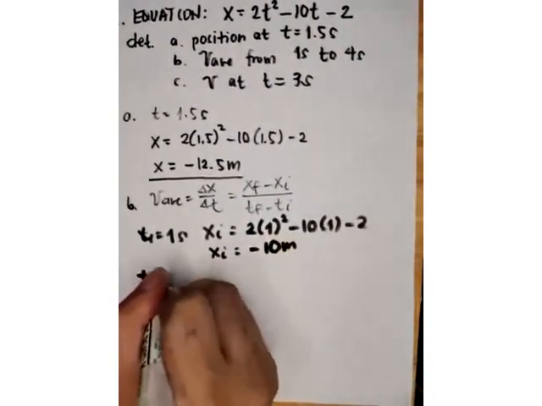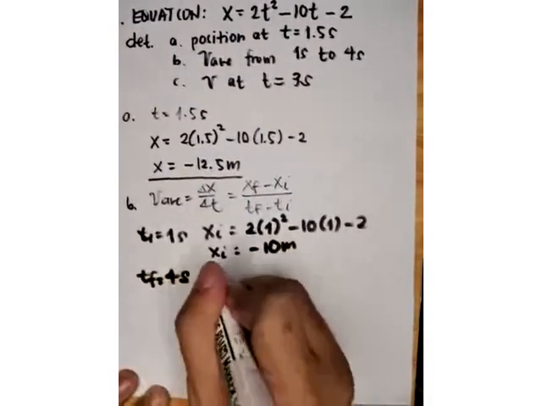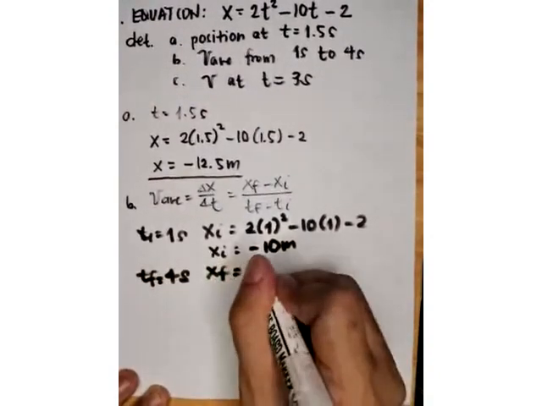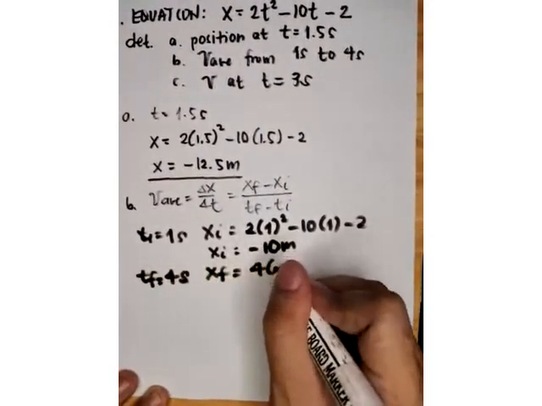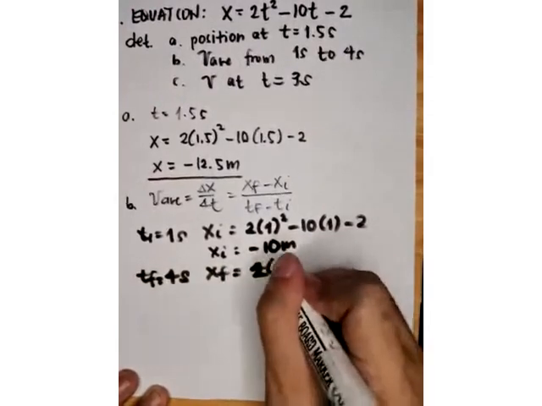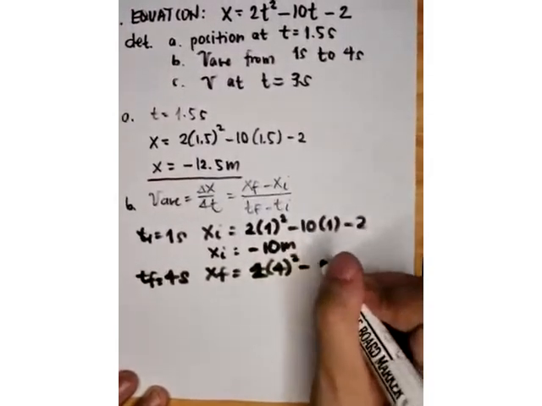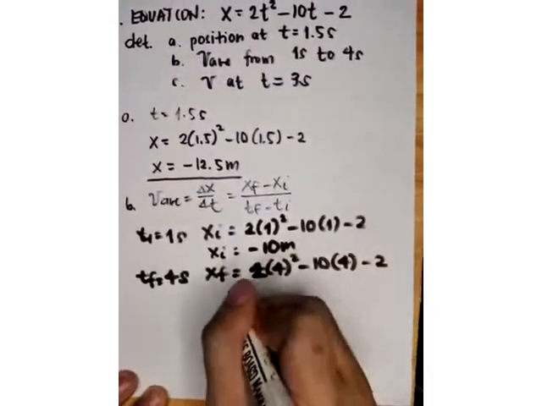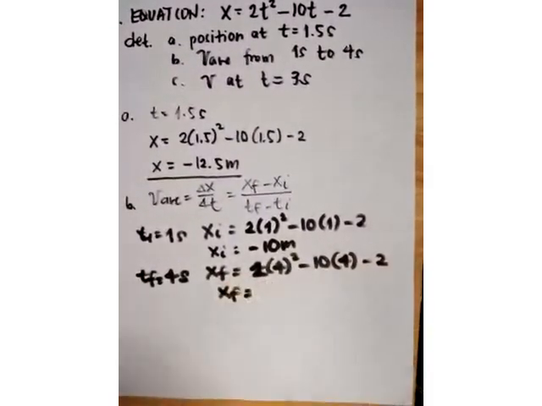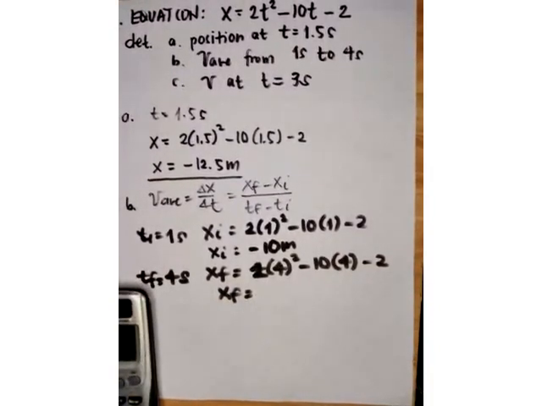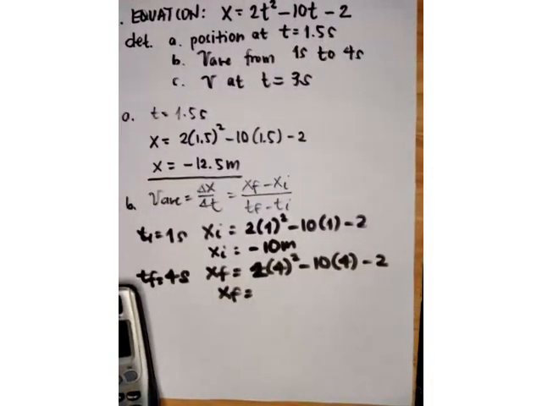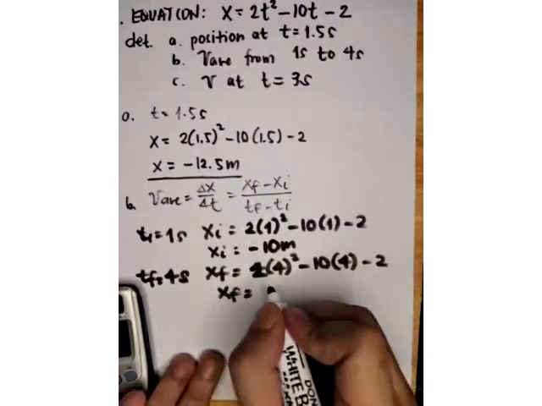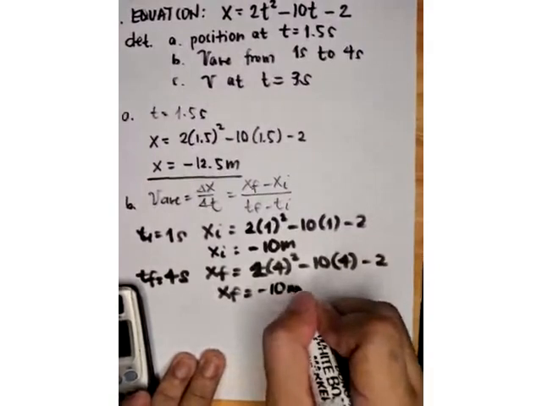And then T final is 4 seconds. So X final is equal to 2 times 4 squared minus 10 times 4 minus 2. So X final is equal to negative 10 meters.